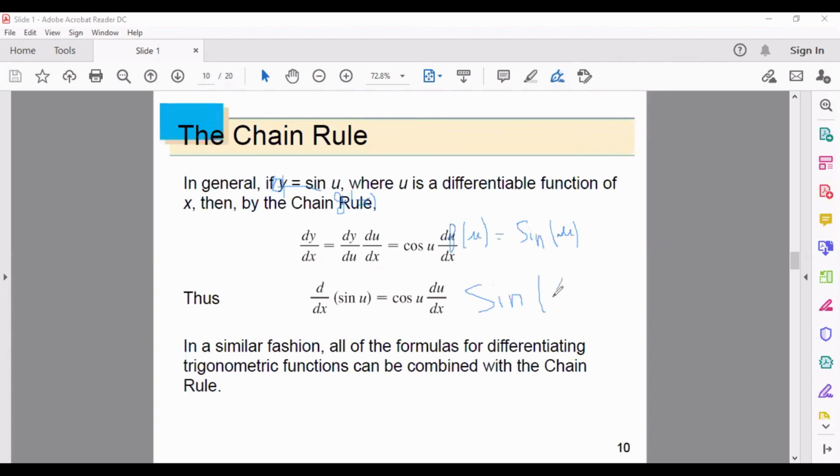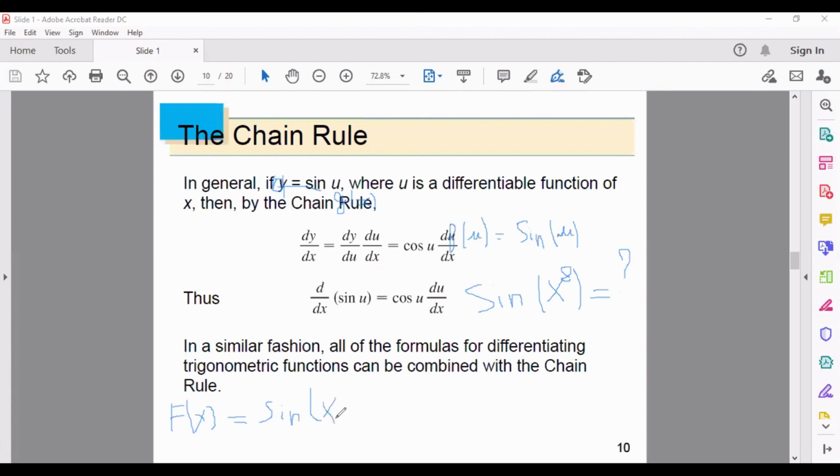Let f of x equal sine x squared. My question: what is its derivative? Who can tell me the derivative of sine x squared?